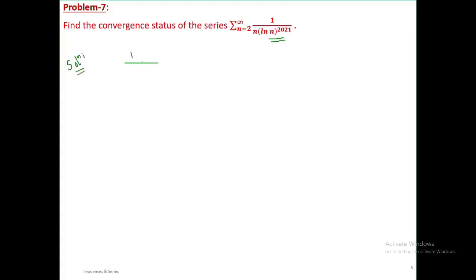Similarly, the second one, problem number 7, continuation. Look here: n into ln n, what we had, n into (ln n) whole power 2021. So instead of p, we have 2021. So directly we can say, 1 over (n into ln n) whole to the power of 2021.